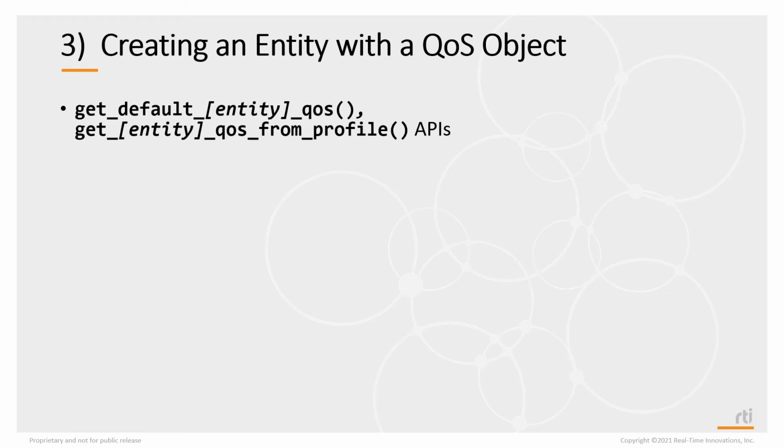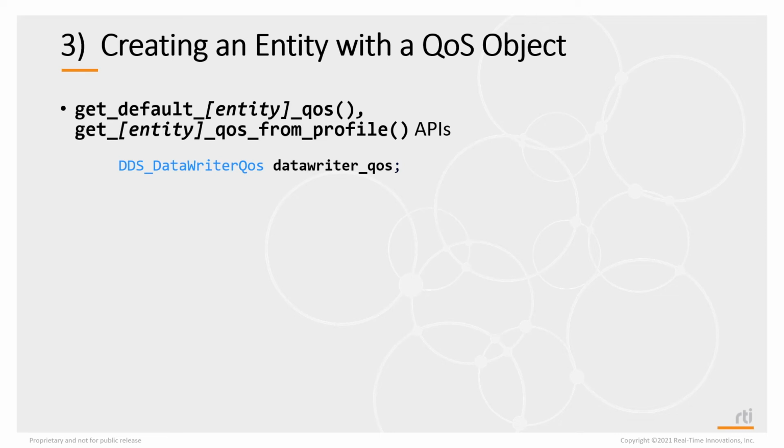So you can take a defined QoS profile and load the value of that QoS object from the profile. When I say QoS object, I mean, for example, a DDS data writer QoS structure. The DDS data writer QoS structure contains values for all the QoS policies defined for a data writer. There's also a DDS data reader QoS structure. There's also a DDS domain participant QoS structure.